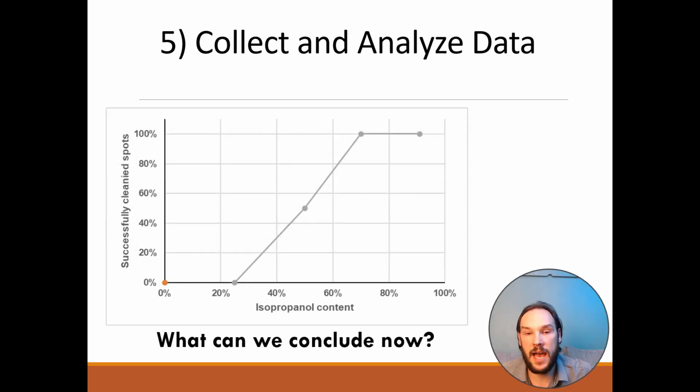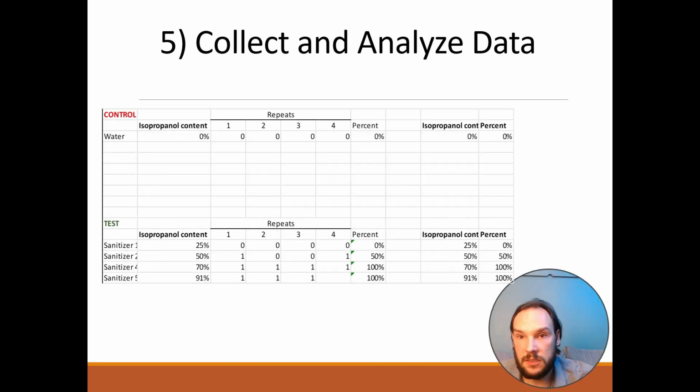So now if I plot this again with the standard deviation, the mean for every single one, so going back one more time, maybe to keep it simple. Here I have the isopropanol content and the percent, which is the mean of removal. So in 50% of the cases I was able to remove it for 50% isopropanol, and 0% of the cases for the water.